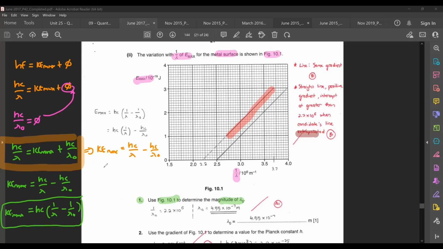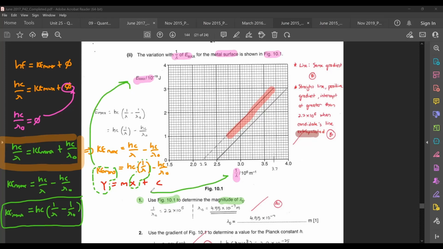This one here, I can further rewrite as hc times 1 over lambda minus hc over lambda naught. When I compare it with your straight line equation, y equals mx plus c, you can already say that the y-axis should be my KE max, x-axis should be 1 over lambda, which is exactly what you're having right over here.